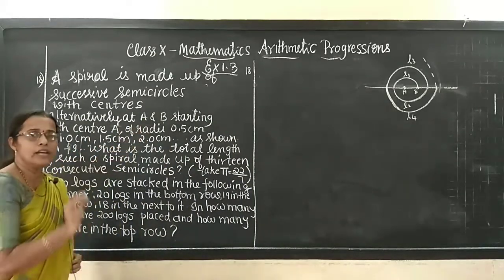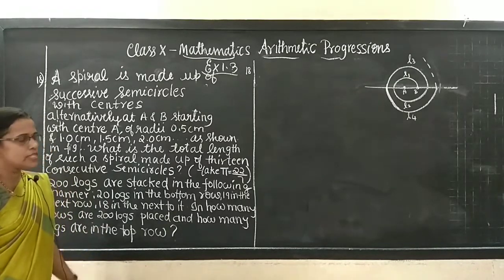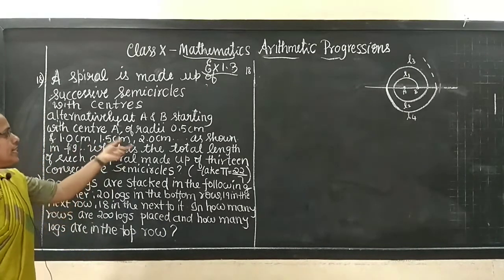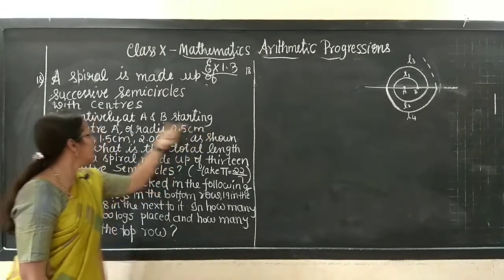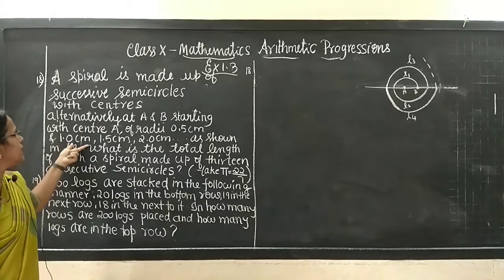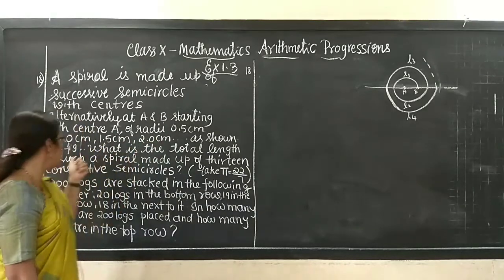It's a circle, so one radius will be there, or not? So a semicircle also has a radius. So what is the radius given? Here, the first radius given is 0.5 cm. Then 1 cm, then 1.5, then 2 cm as shown in the figure.